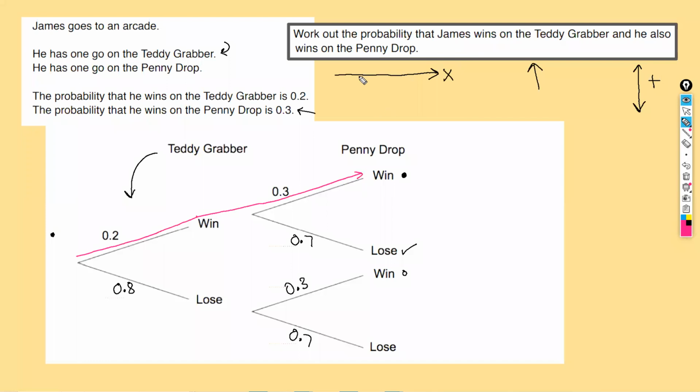Remember, when you're going from left to right, you have to multiply all the values you come in contact with. So this question is just 0.2 multiplied by 0.3, and this will give us how much? 0.06. Check it back, not 0.6, 0.06, Joshua.